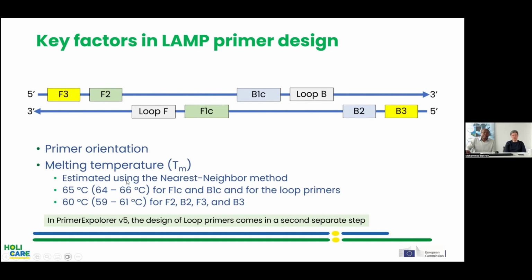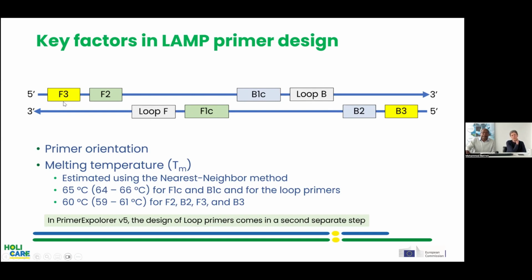It's always considered that the melting temperature of the inner primers is around 65 degrees, in the range of 64 to 66 degrees, for the F1C and B1C parts of the FIP and BIP primers, but also for the loop F and loop B primers.